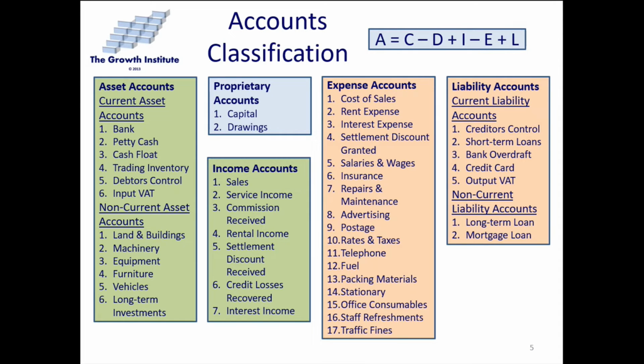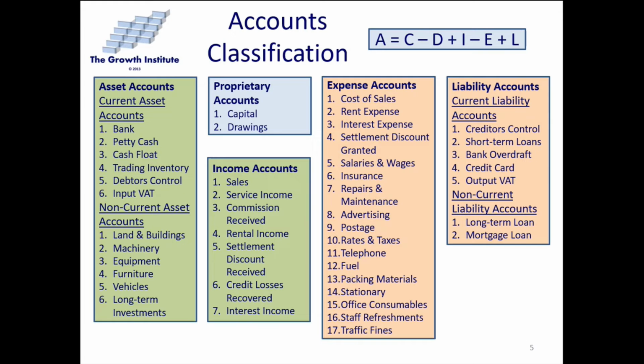If we start by looking at our asset accounts, we must distinguish between current asset accounts and non-current asset accounts. The idea with current asset accounts is that it is either money or it can be changed into money very quickly.